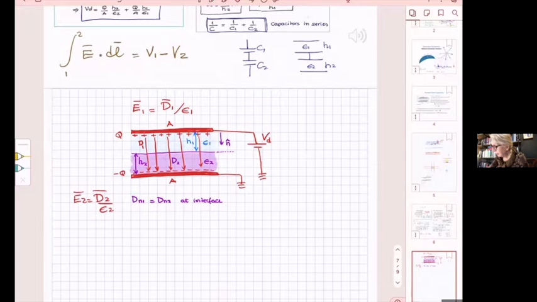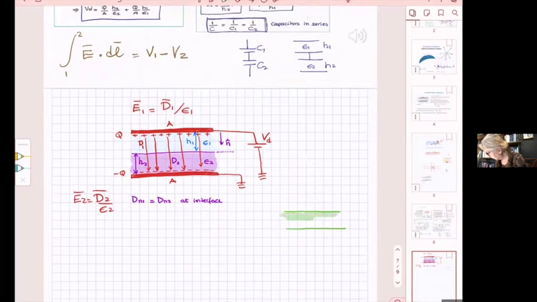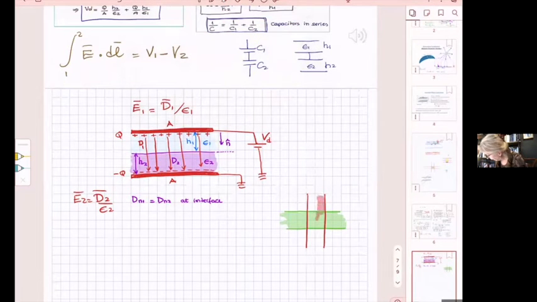Remember that this is nothing else but two lines on different substrates. One line is like this. That's one line on one substrate. And the other line is like this. Goes like that.